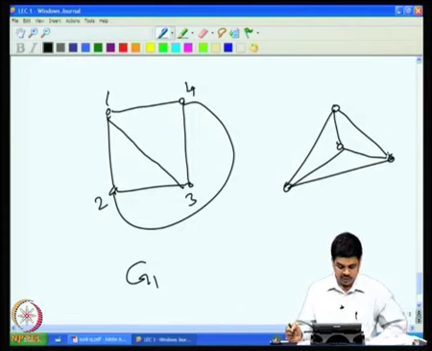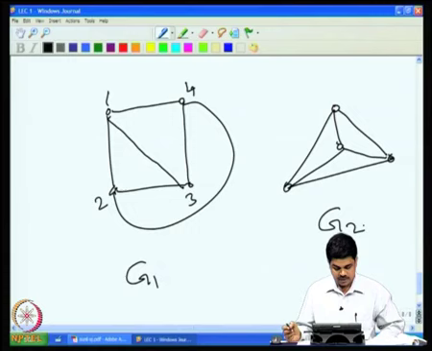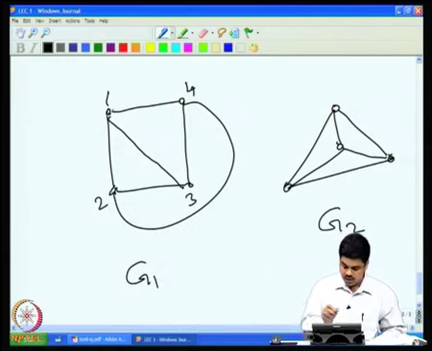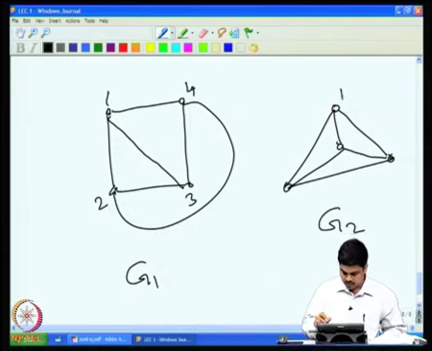At first look, these two seem to be very different graphs, but in fact this 1 can be mapped to this one, 4 can be mapped to this one, and 3 to this one.